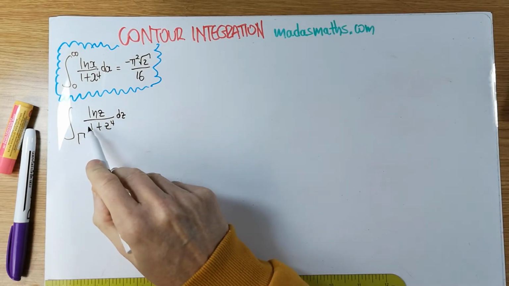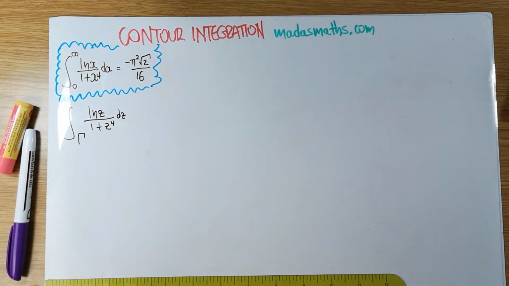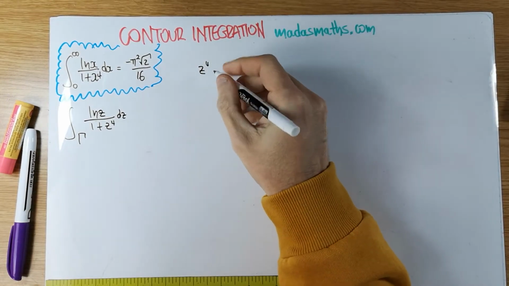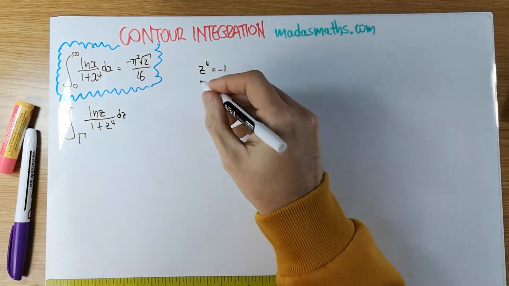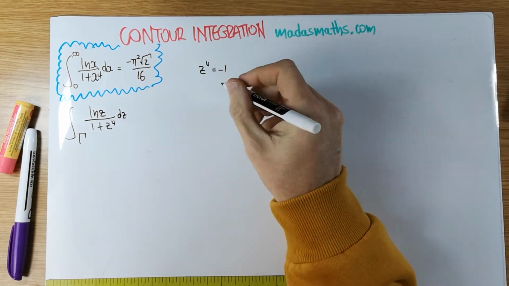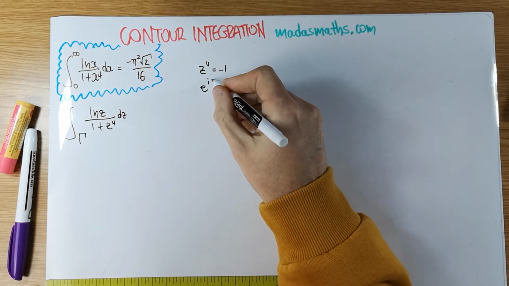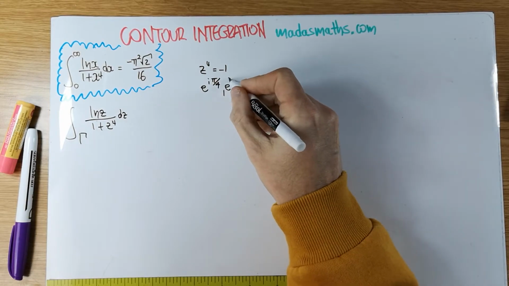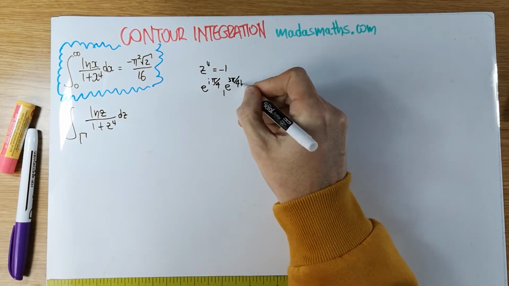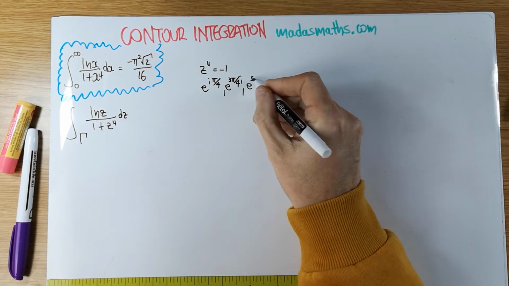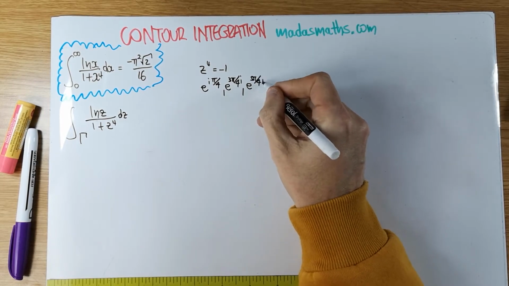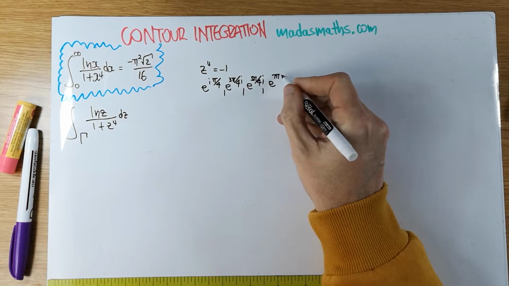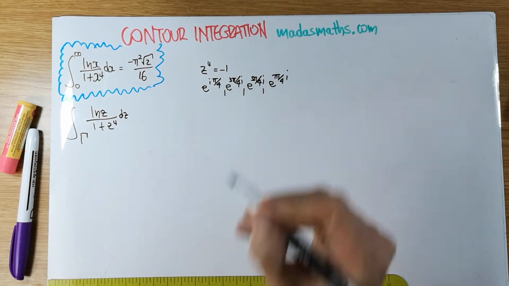If we solve the equation z to the 4 is equal to minus 1, the principal value will be e to the i pi over 4, so we're going to have e to the 3 pi over 4i, e to the 5 pi over 4i, every 90 degrees basically, 7 pi over 4i.